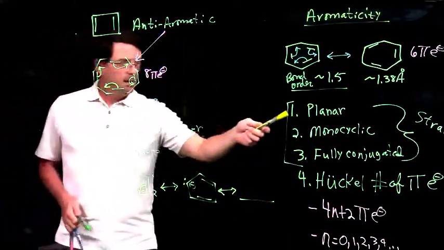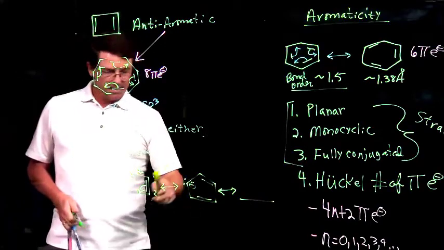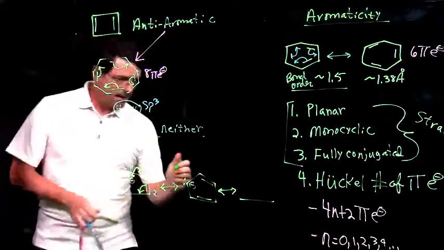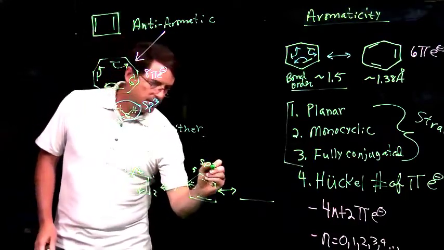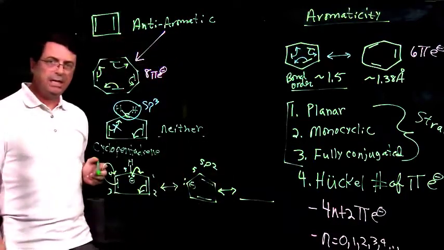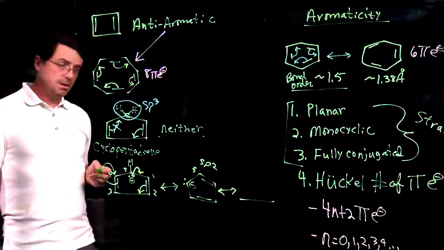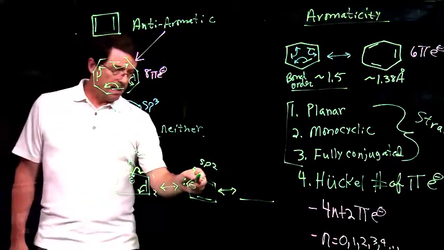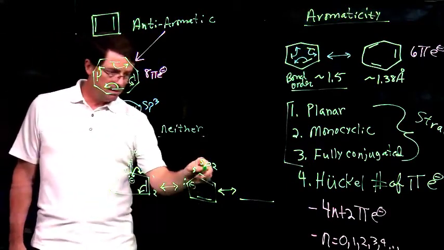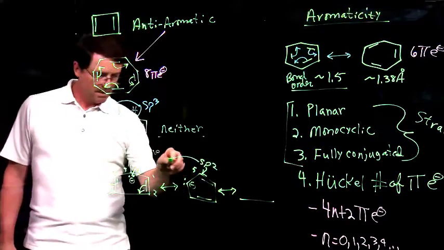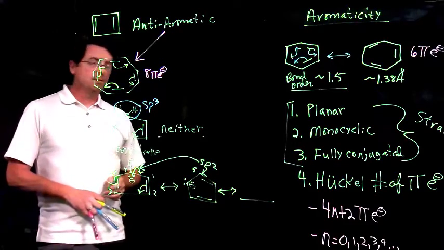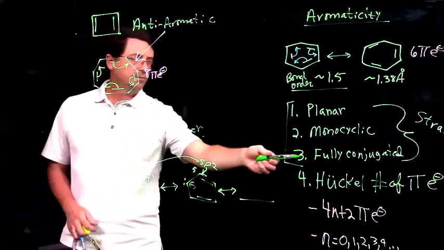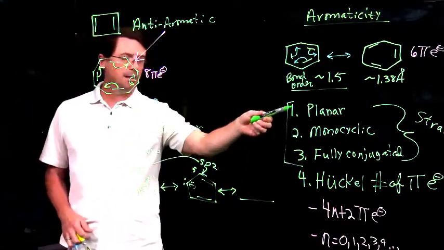So with this observation, here's what was atom 5, so clearly it is sp2, and remember, atoms don't change hybridization in resonance. So if atom 5 is sp2 here, atom 5 is also sp2 there. So this molecule is in fact fully conjugated, it's monocyclic, and it's planar.